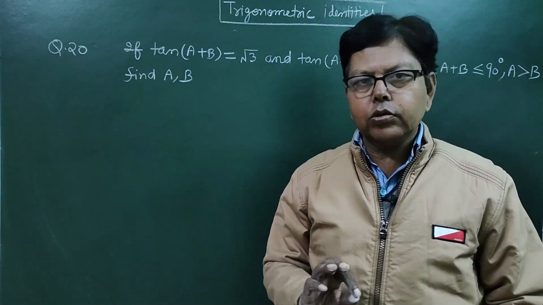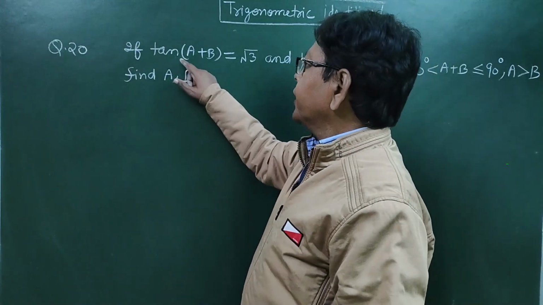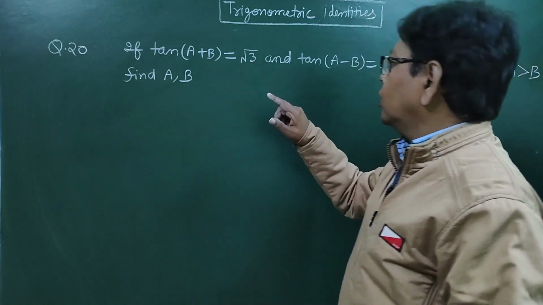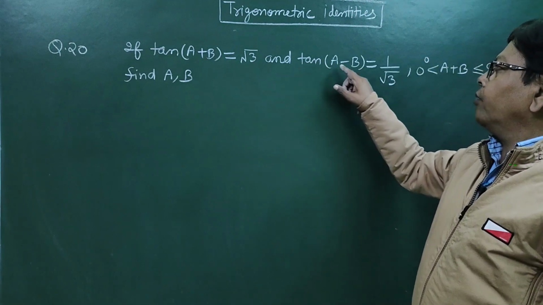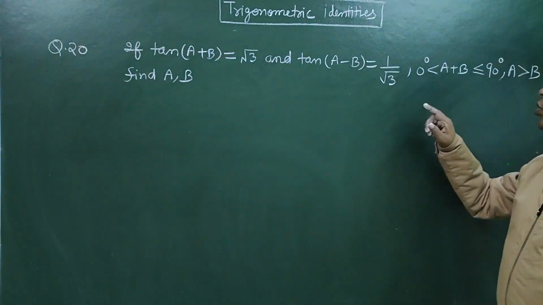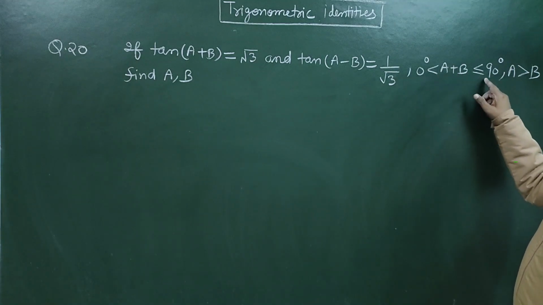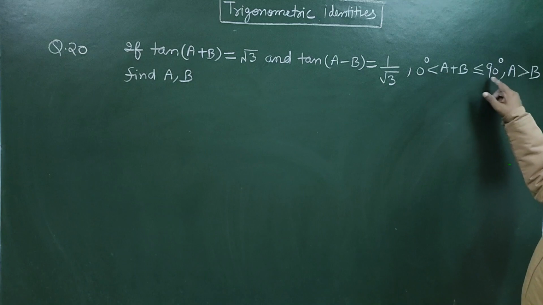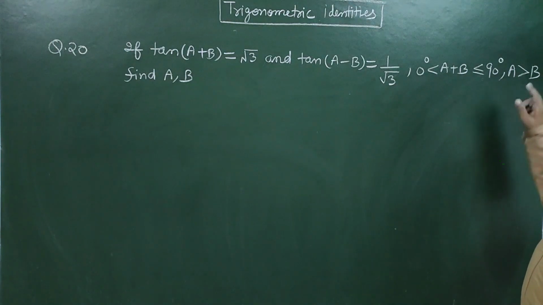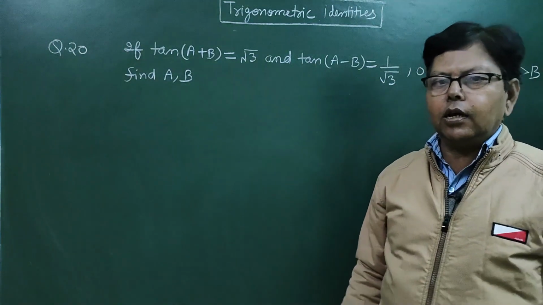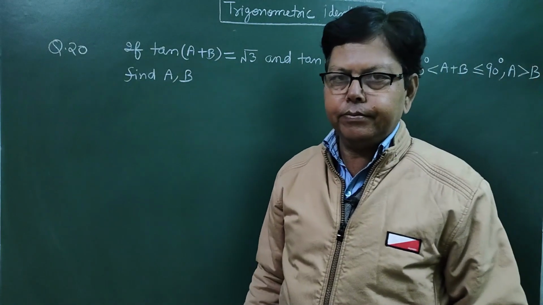Next important question. If tan of (a plus b) is under root 3 and tan of (a minus b) is 1 upon under root 3, where a plus b is greater than 0 degree and less than or equal to 90 degree, and a is greater than b, find a and b.